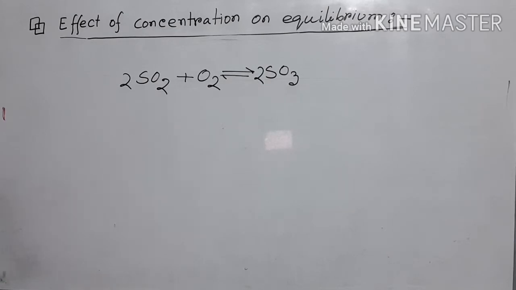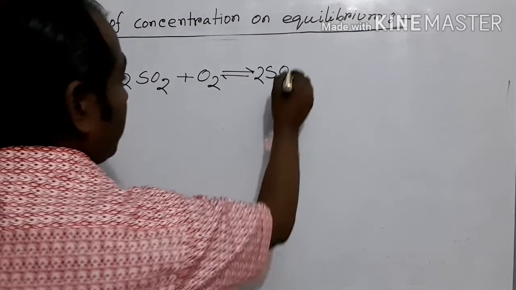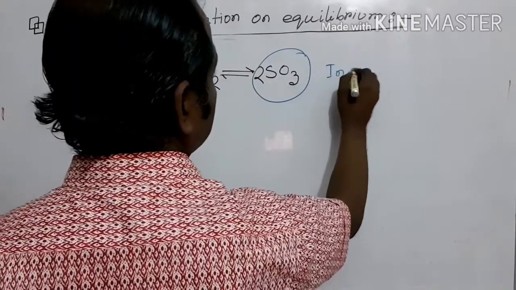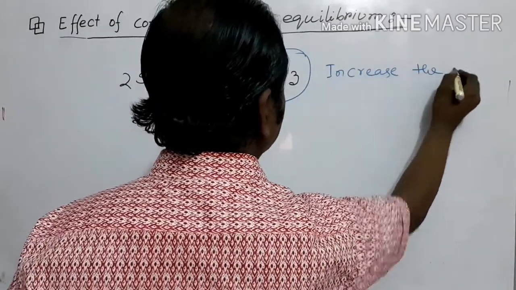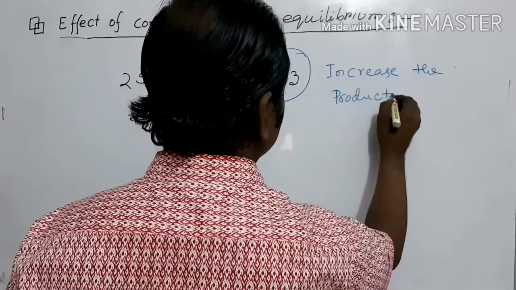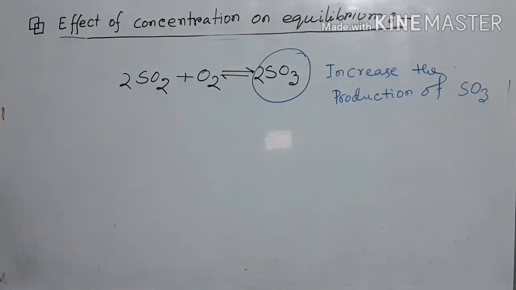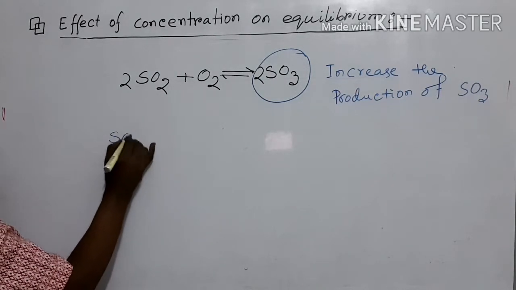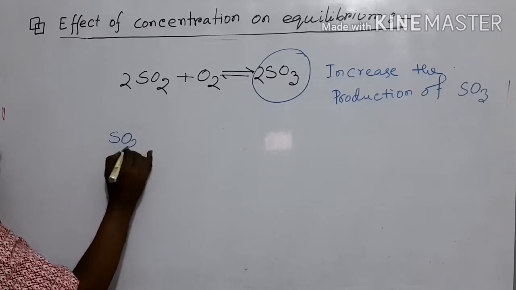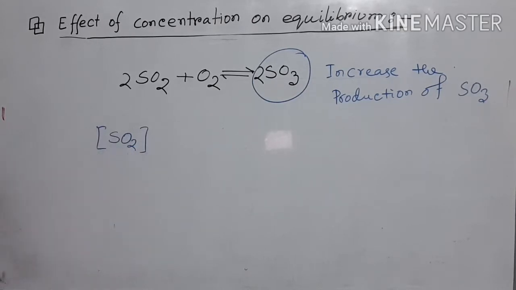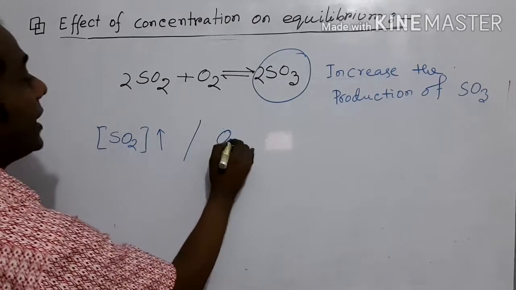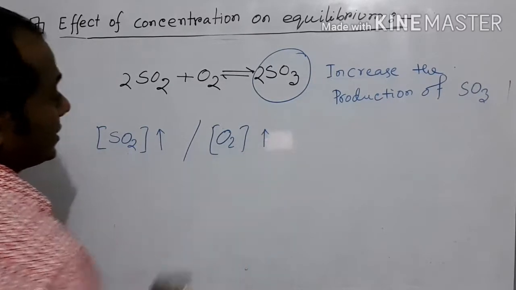If we want to increase the production of sulfur trioxide, at first we have to increase the concentration of sulfur dioxide or increase the concentration of oxygen.